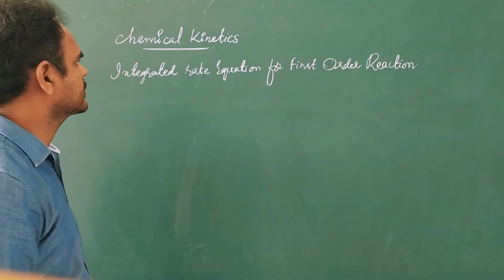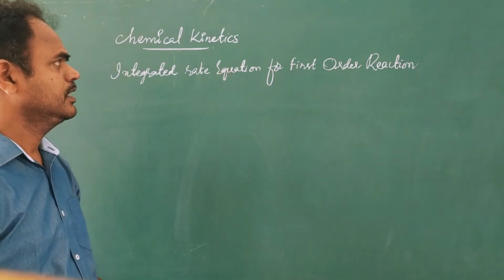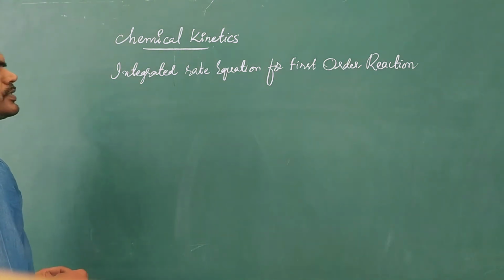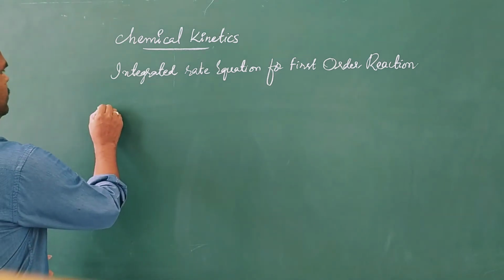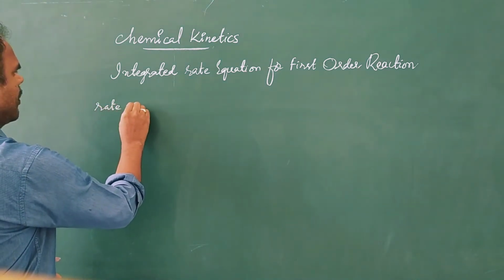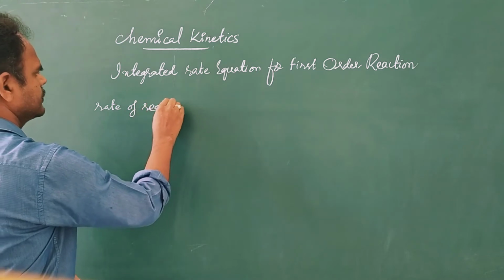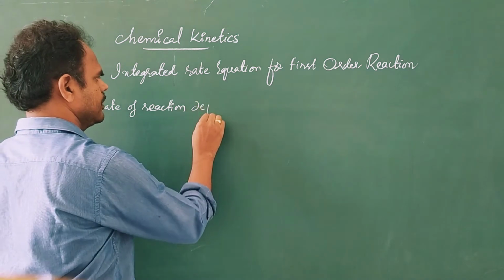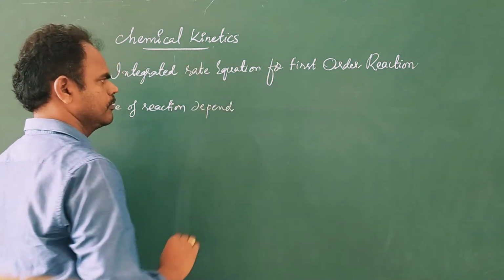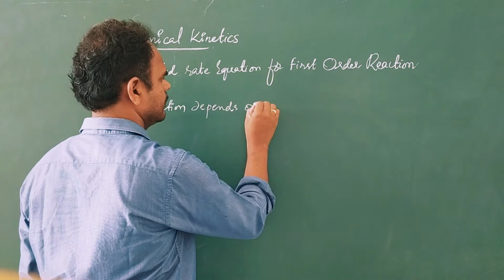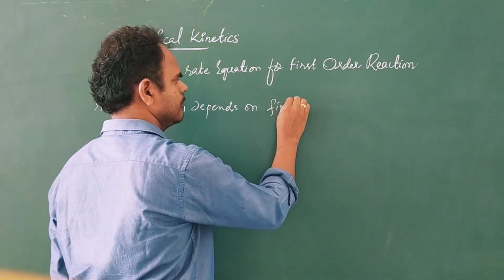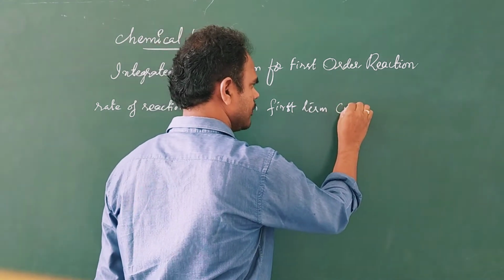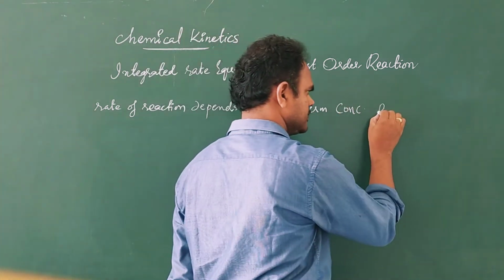Before going to discuss this, first let me define what a first order reaction is. A reaction is said to be first order if the rate of reaction depends on the first power of the concentration of the reactant.